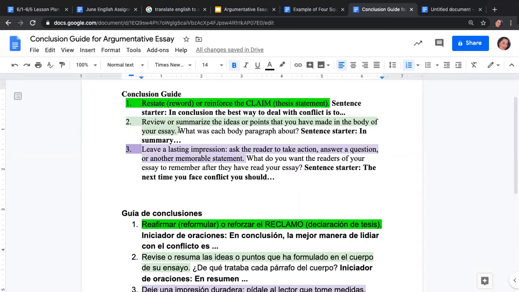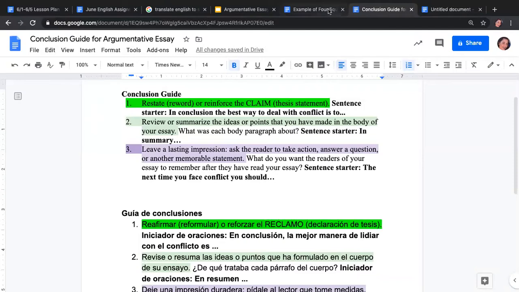So all of those points that I made in the first 2 body paragraphs and my counterclaim body paragraph, I can use those main ideas and put them just briefly into my conclusion. So the sentence starter would be, in summary. Cool. Okay, so that's the second part since I already have this first part.